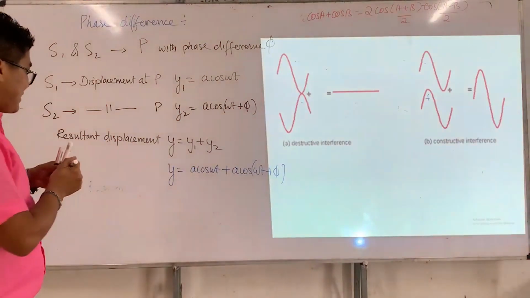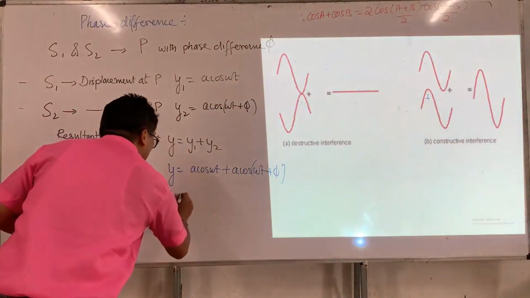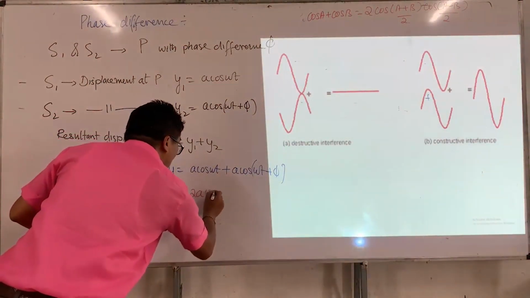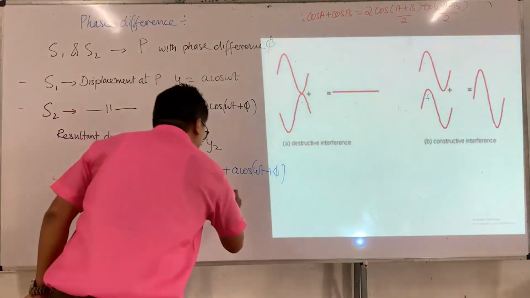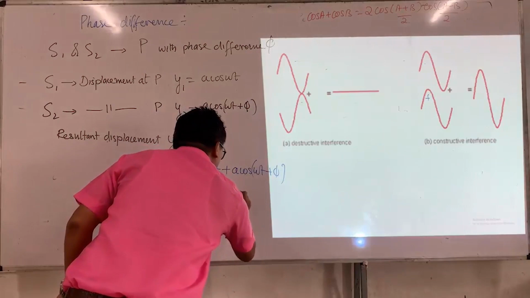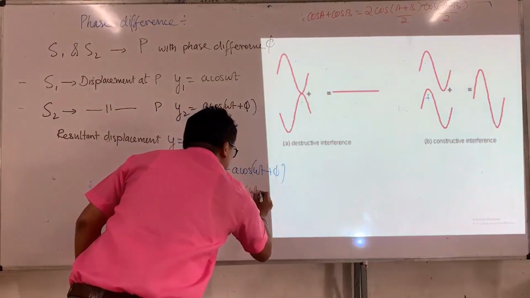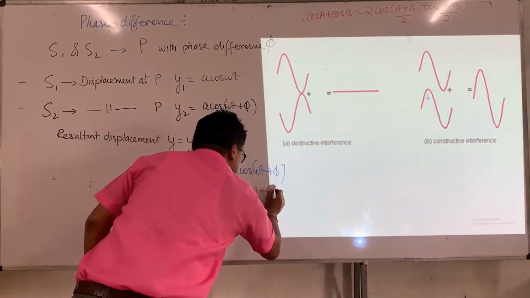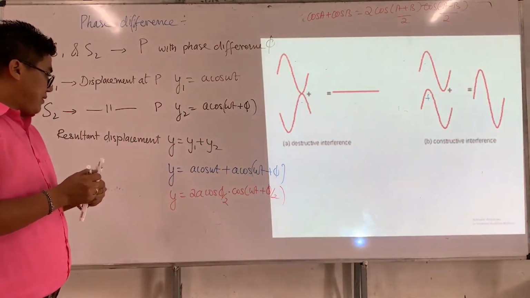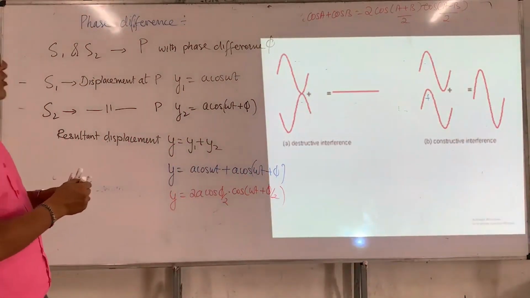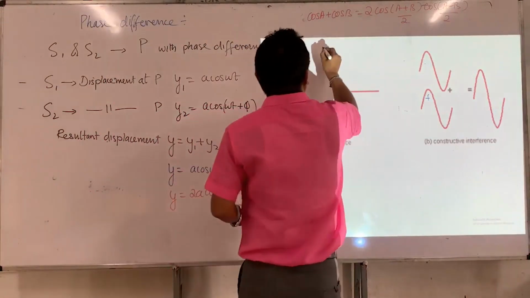So applying this identity, I am going to get 2A cos (phi by 2), alright, and then multiplied by cos (omega t plus phi by 2). This is the resultant wave. I am going to write here resultant amplitude, very important.